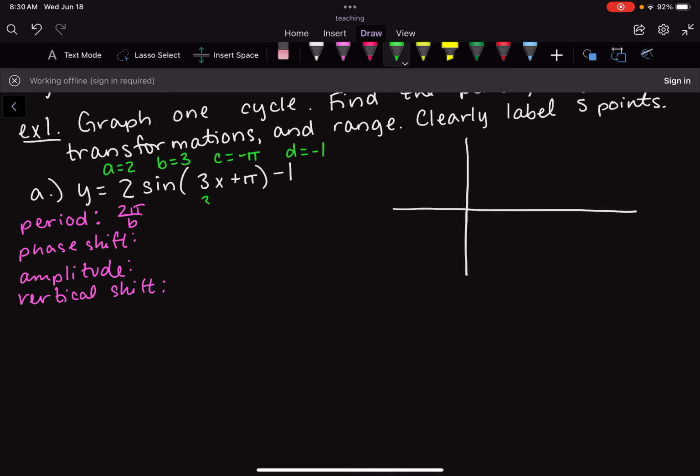The reason it's negative is because what this really says is 3x minus negative pi, and those negatives are canceling out to show us a positive. So be careful there. So this is going to come out to 2 pi over 3.